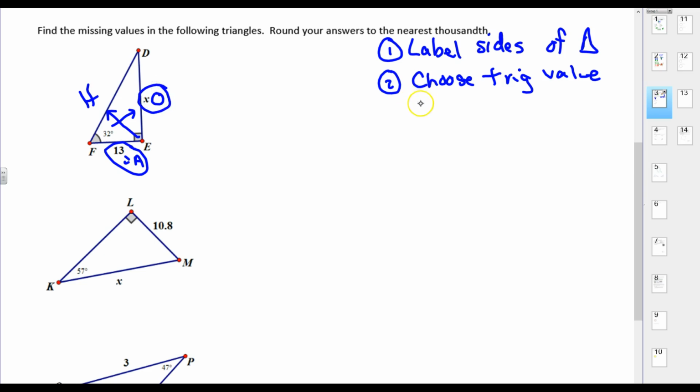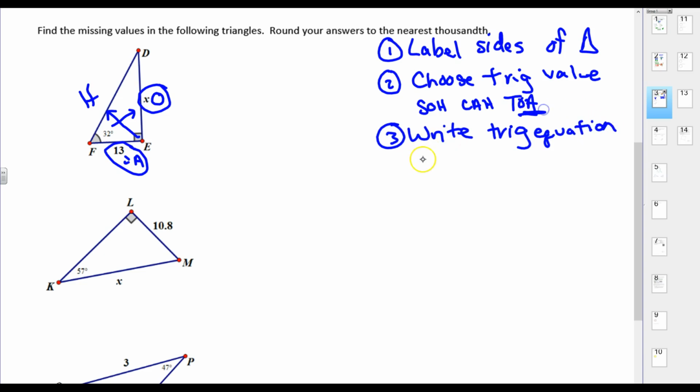So when I'm thinking about SOHCAHTOA, I want to choose one that has an O and an A. Well, the one that has an O and an A for me is the tangent. So I'm then going to write an appropriate trig equation, and solve.